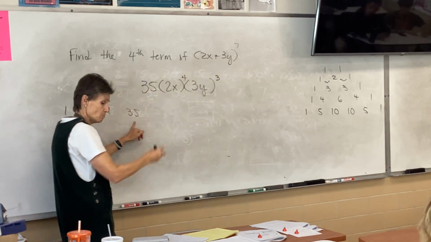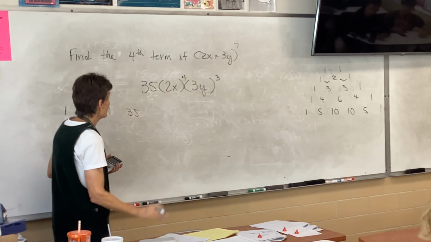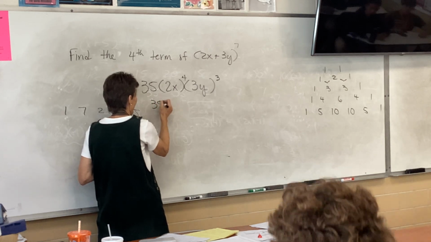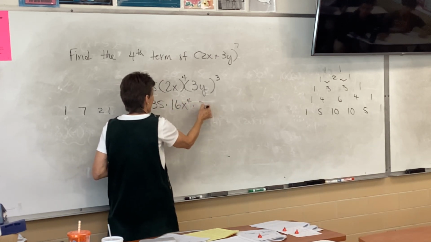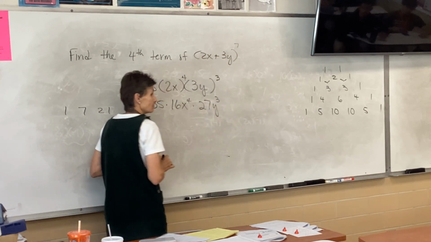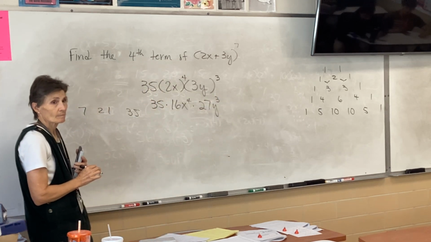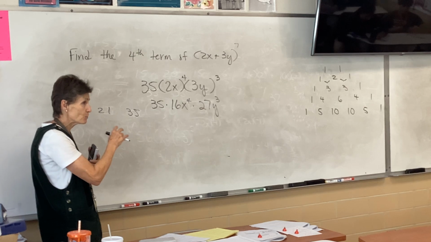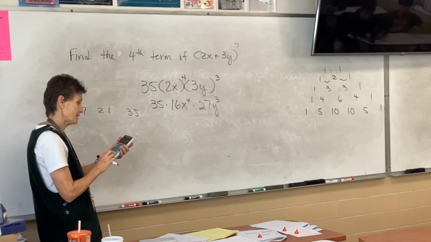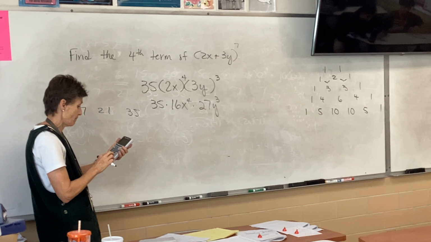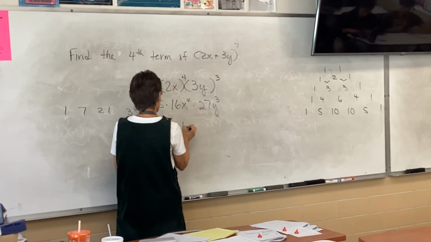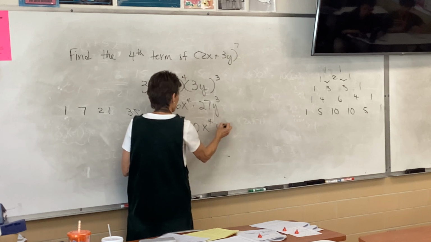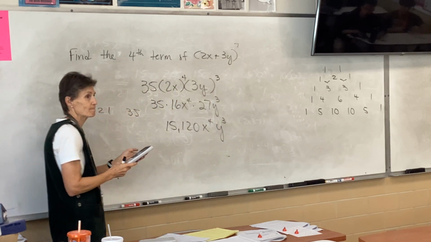So now when you multiply, you have to multiply 35, 16, and 27. So now you do have 3 things to multiply. We didn't in our last problem, but we do now. So 15,120 x to the 4th y cubed, is that all right with everybody?